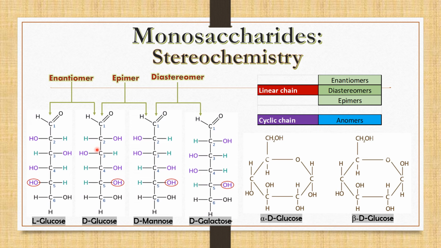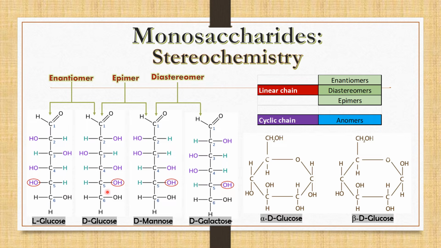If you look at D-glucose and D-mannose, for instance, you can see that carbon 1 is the same. The orientation around carbon 2 is different. The orientation around carbon 3 is the same, carbon 4 is the same, carbon 5 is the same, and carbon 6 is the same.